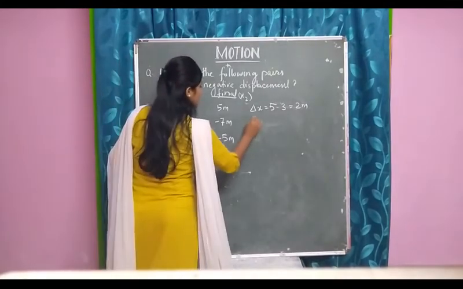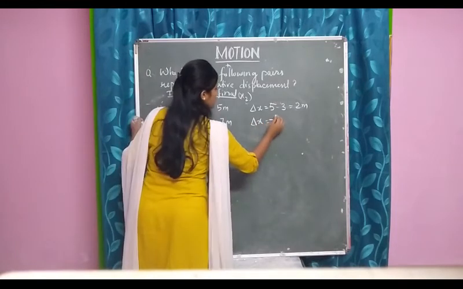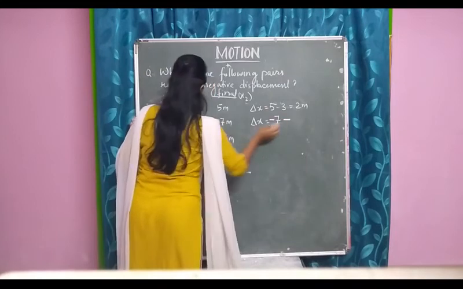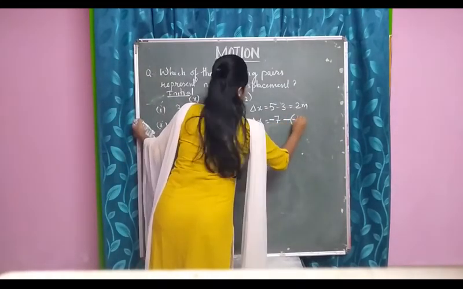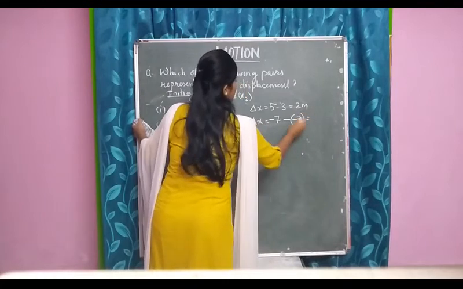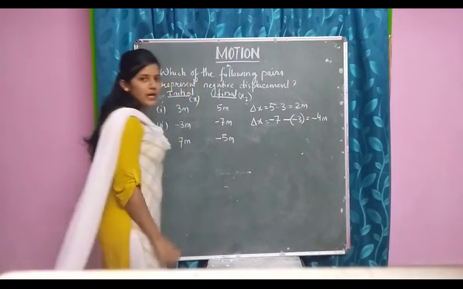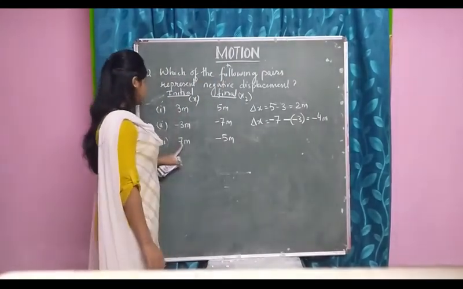Then for the second case, del x equals minus 7, final position, minus of minus 3. So this will give you minus 4 meter. Since a negative sign comes, this is representing a negative displacement.